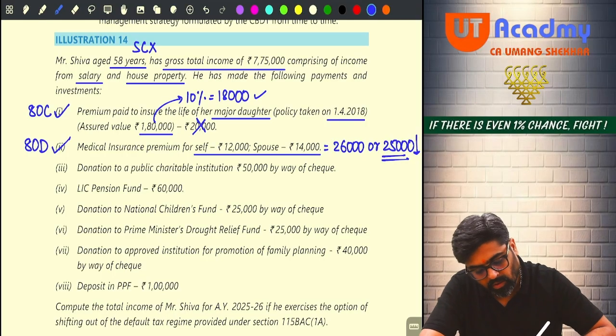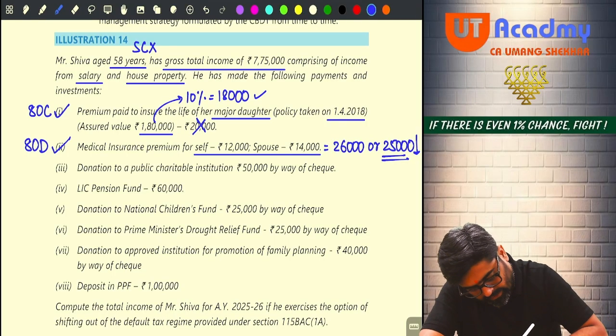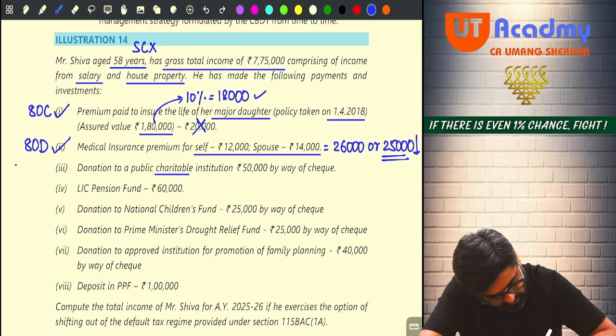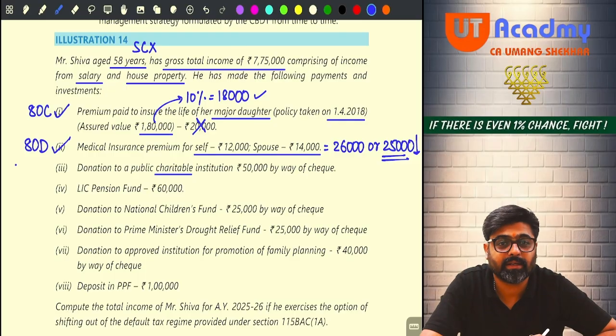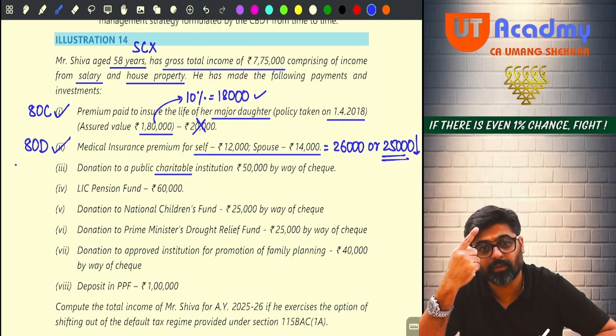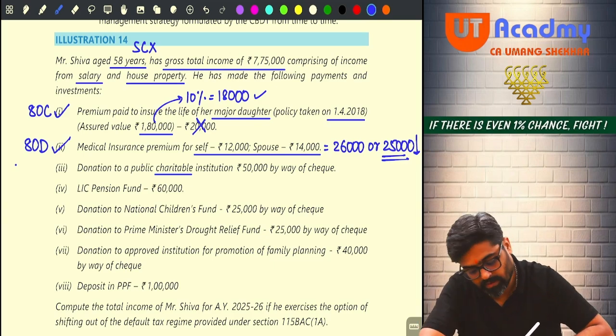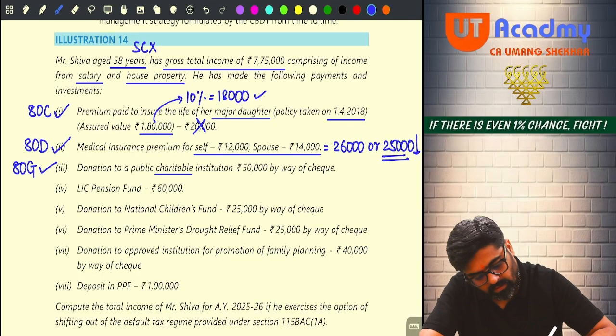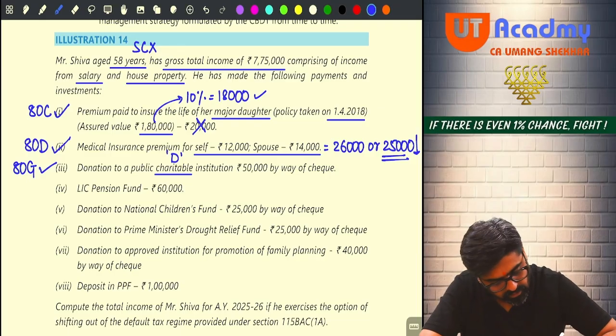Yes or no? Donation, meaning 80G, to a public charitable institution. 80G category D, do you remember? Very good. So it is allowed, charitable, hence it is category D. The 50,000 is paid by way of check.